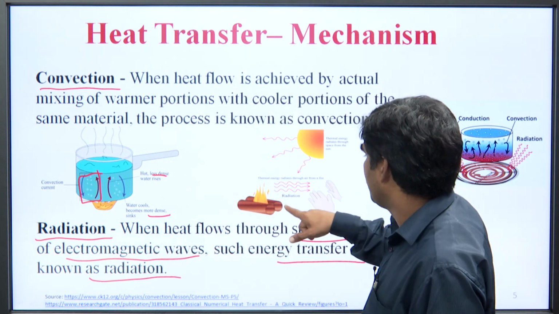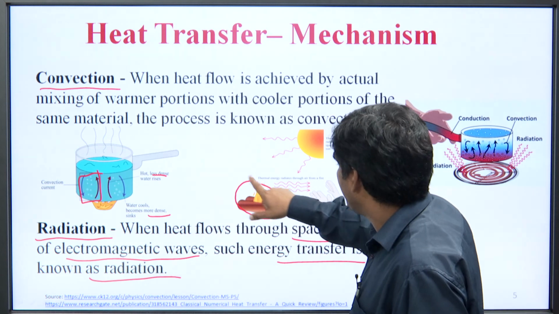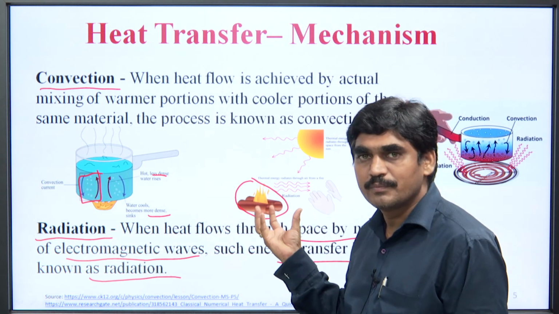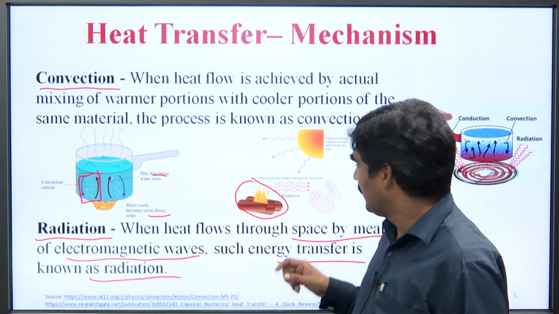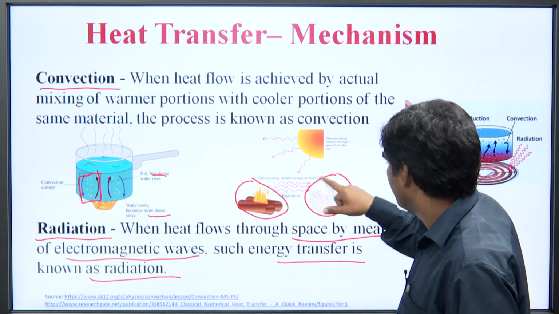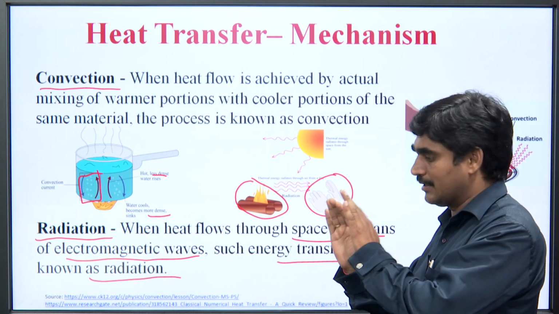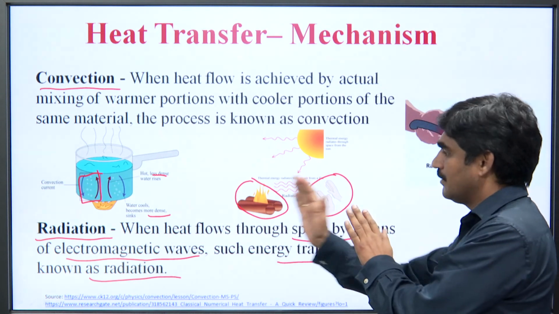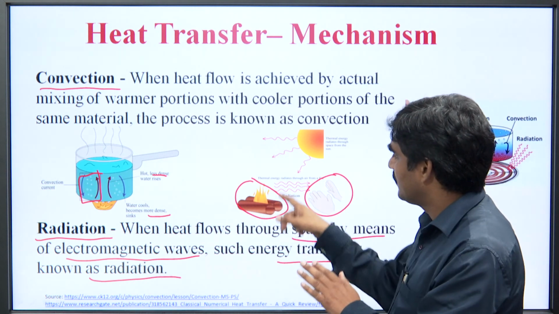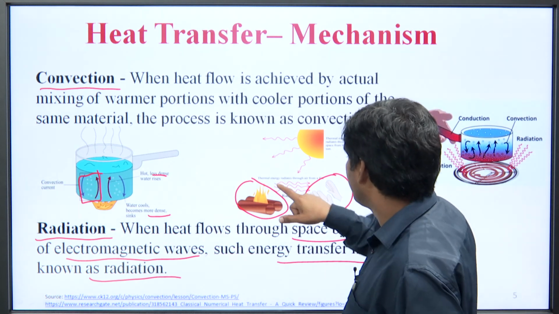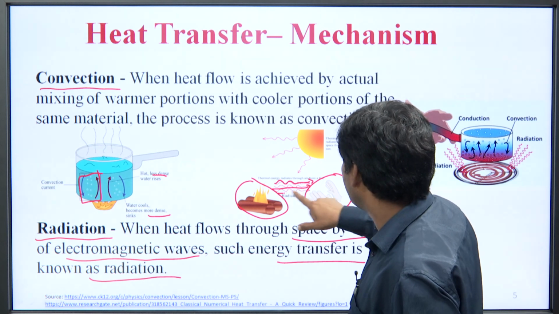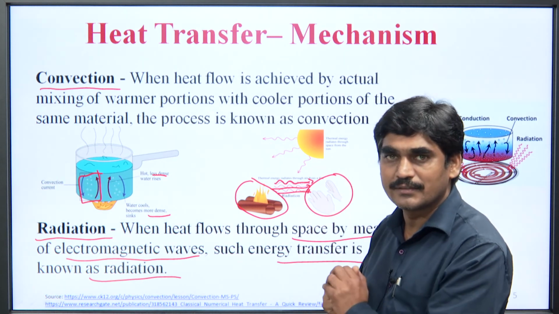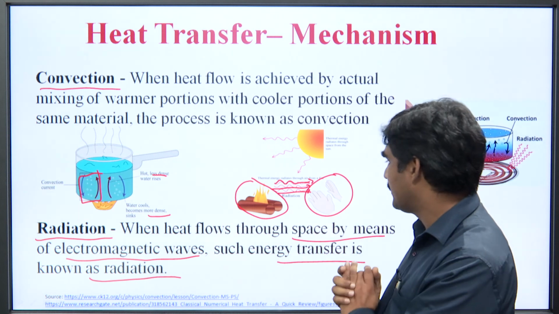Here you see a piece of wood burning, a source of heat, and the hands are kept at some distance from the source of heat. Still the heat is transferred from the source to the hands, or we can say our hand feels heat.